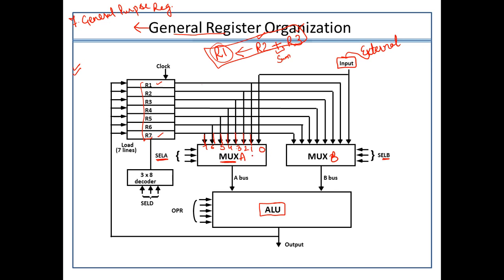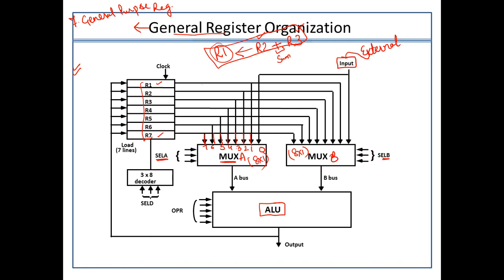I need 8 inputs if I have to process the multiplexer, right? The external could be any input available here that can directly be added to the zeroth pin of this multiplexer. Now the total size of this multiplexer is 8 cross 1. The same is with this also. Multiplexer B is also of 8 cross 1 size.